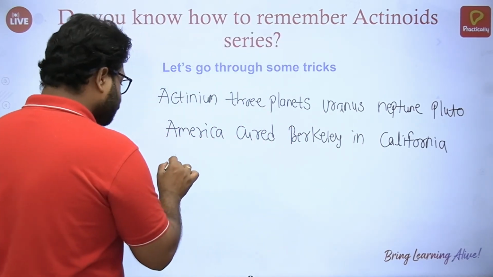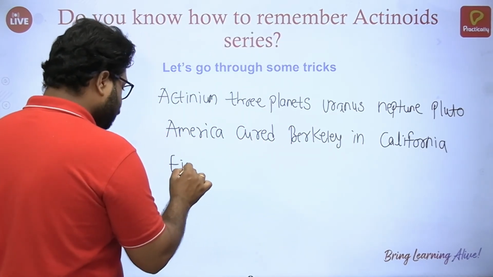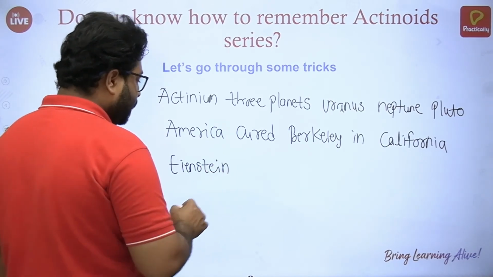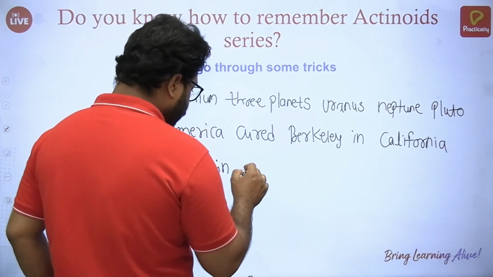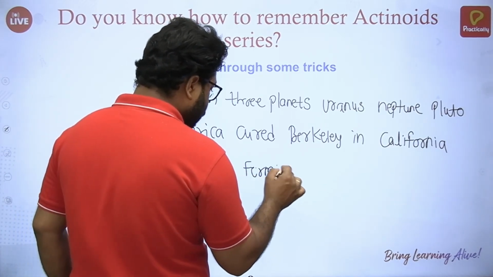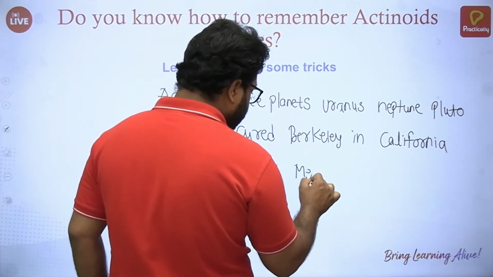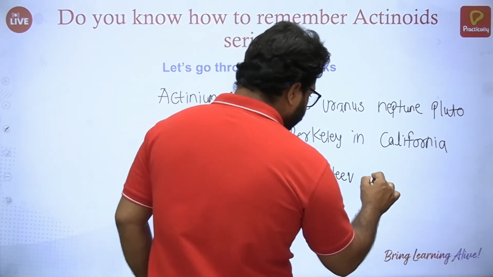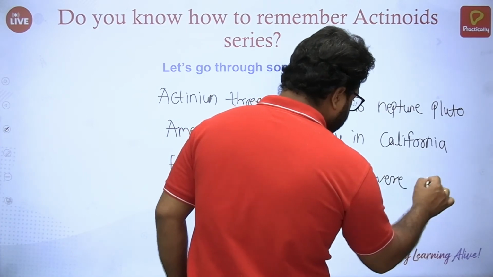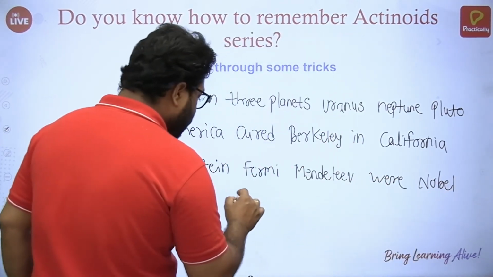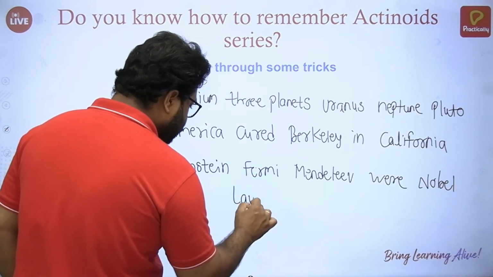Then Einstein, Fermi, Mendeleev were Nobel laureates.